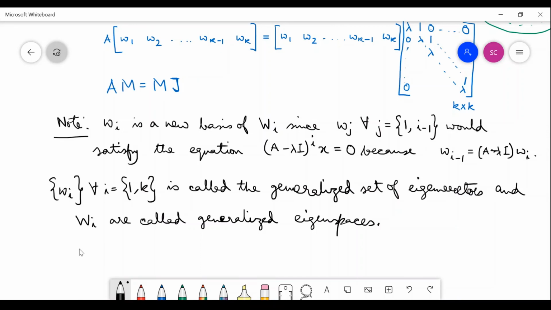and in the next lecture we will figure out what are the algorithms with which we would be able to find out the generalized eigenvectors and eigenspaces given any matrix A to begin with.